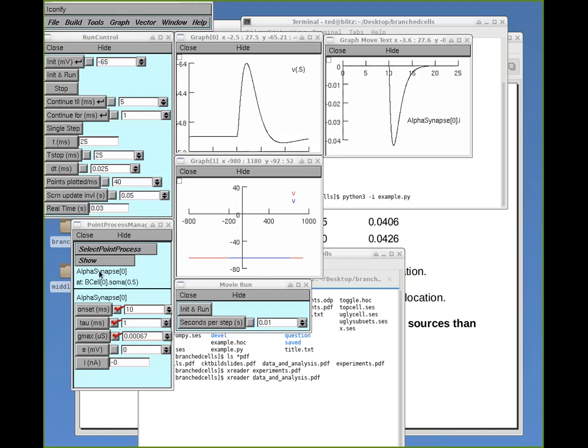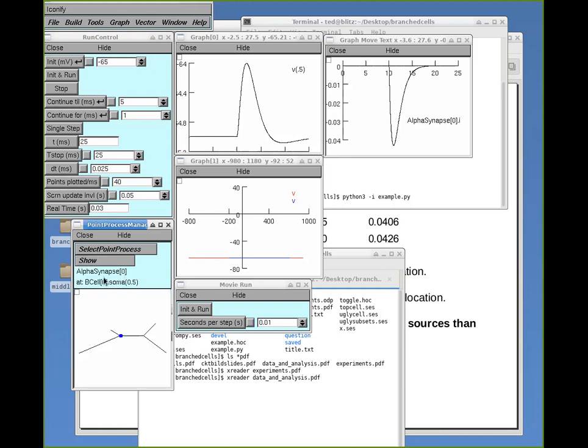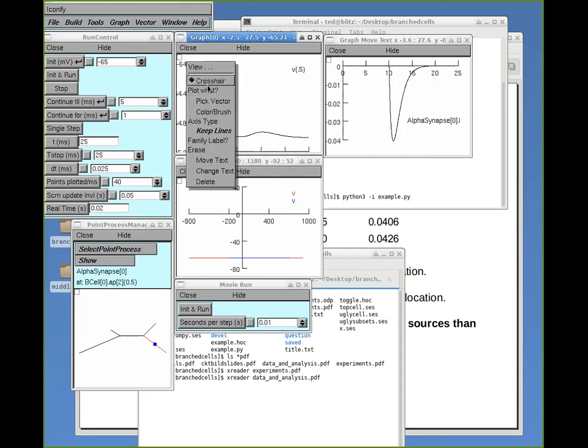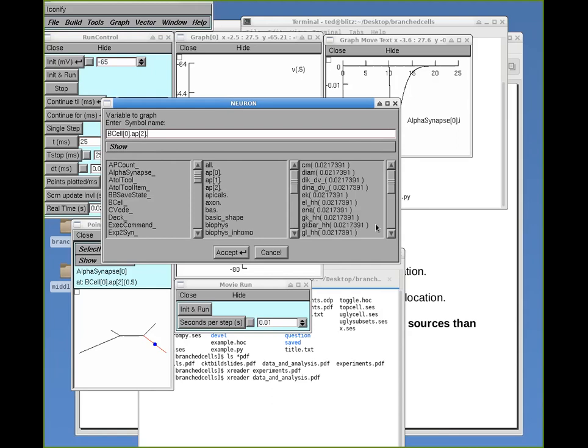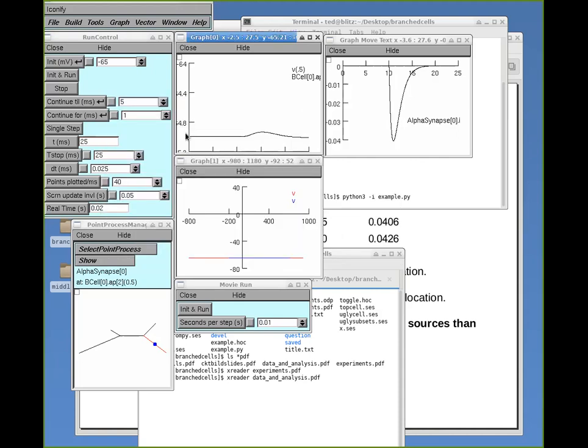Now, if we move the synapse out here, there we are, apical 0.5. Hit and run, let's plot that voltage. Our cell is B cell 0, it's apical 2, and it's V at 0.5.